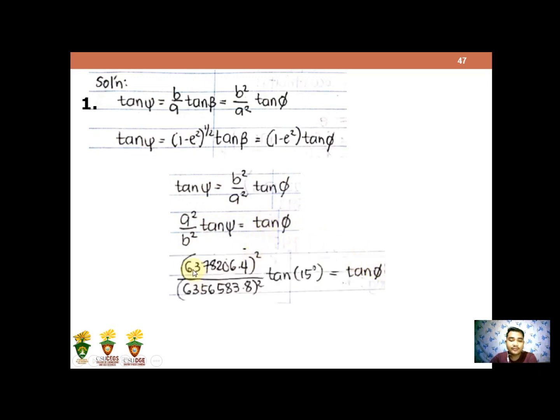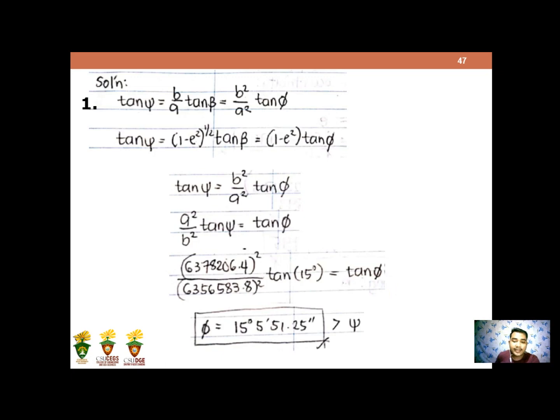Substitute the value. A is 6378206.4 squared all over B is 6356583.8 squared. Tangent gihatag given is ang geocentric, which is 15 degrees, and we can calculate now the tangent geodetic latitude. So we can have now, using the calculator, the value of geodetic latitude to be 15 degrees, 5 minutes, 51.25 seconds.